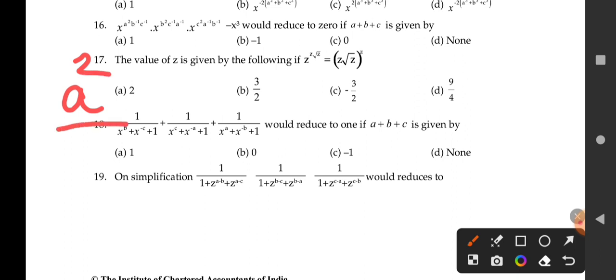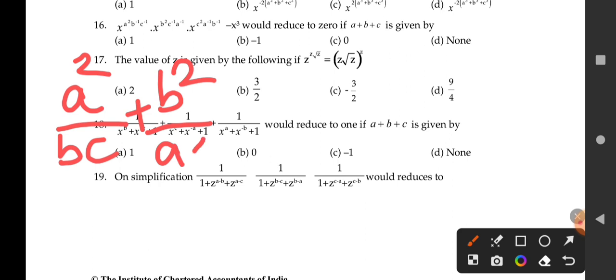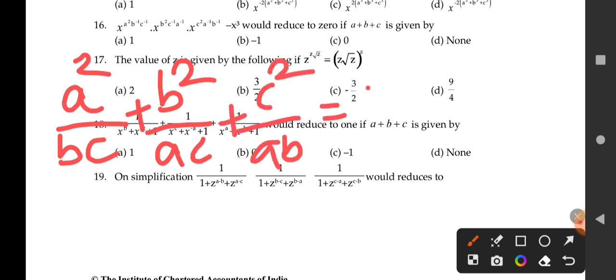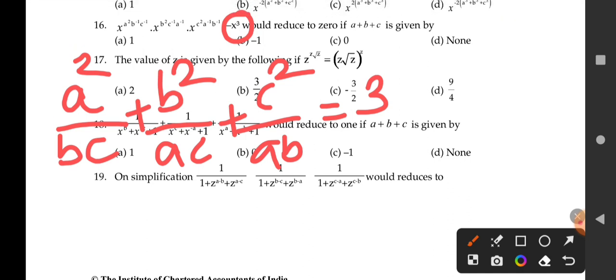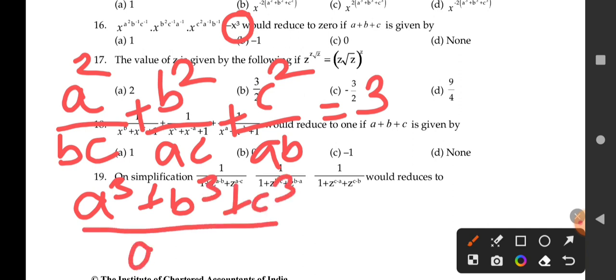A square divided by BC plus B square divided by AC plus C square divided by AB equals 3. I hope you understood how we got 3. We got 3 from here. With the LCM you get A cube plus B cube plus C cube divided by ABC, which is equal to 3.